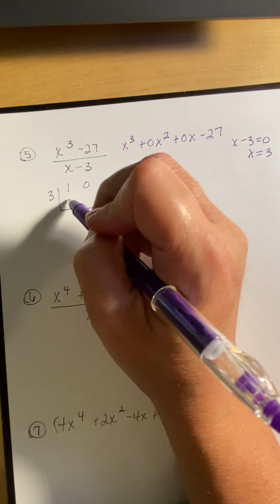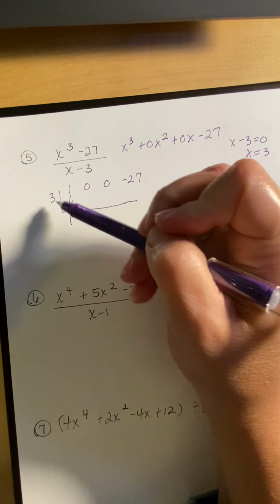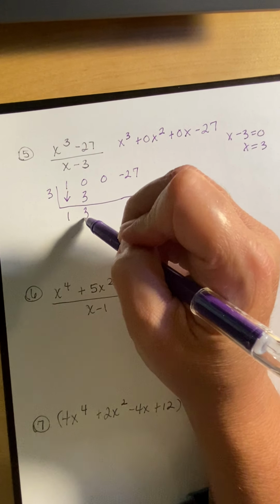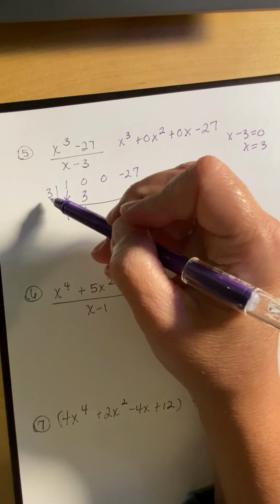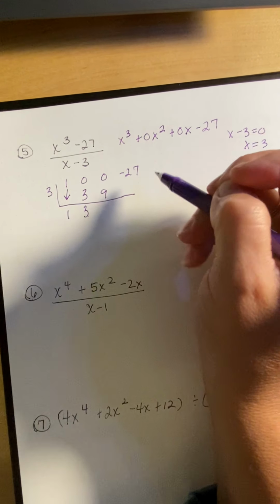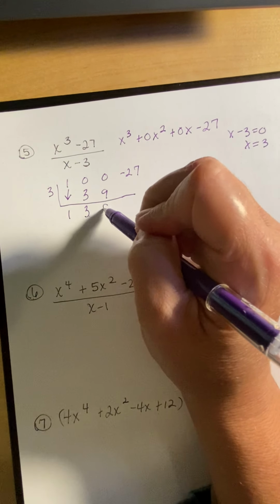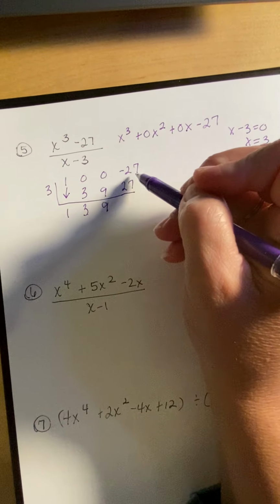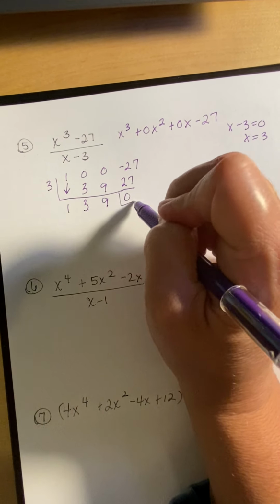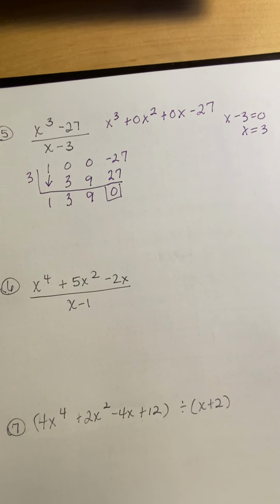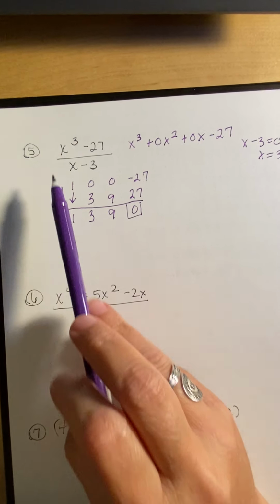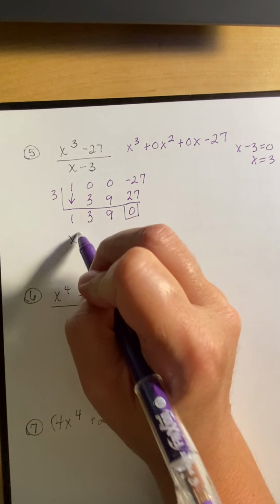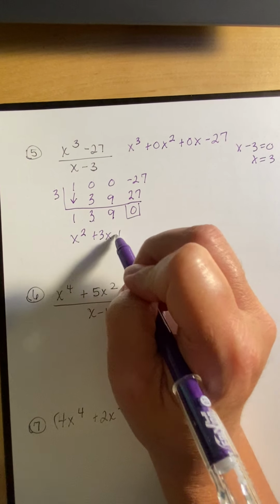You bring your first number down, and 1 times 3 is 3, and 0 plus 3 is 3, and 3 times 3 is 9, and 0 plus 9 is 9, and 9 times 3 is 27. And negative 27 plus 0 is 0. So we do not have a remainder, so we're going to write our answer here. X cubed, so we drop that down by 1, so we're going to have x squared plus 3x plus 9.